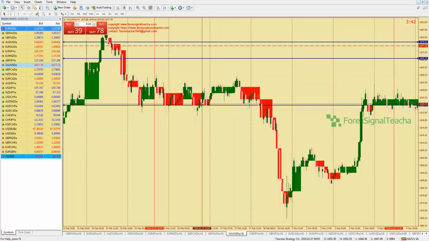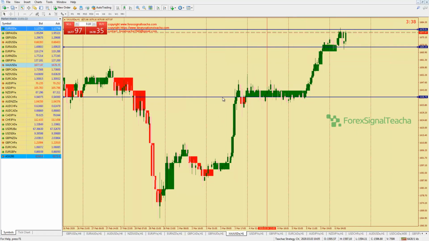I want you to have the trading system so that whenever I send you a sell signal here, which is going to lose, and I don't send this buy trade, which is going to be a big win right here, you will be able to take the trade yourself. All right, so this is a very good system, non-repainting and easy to use.